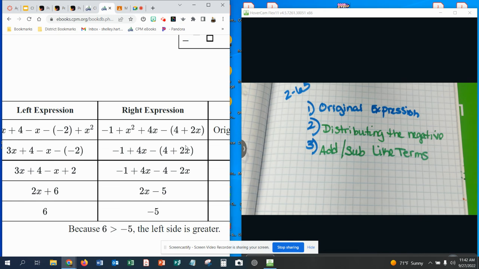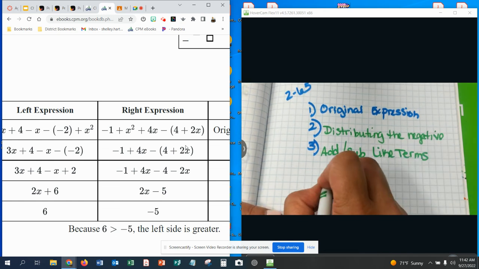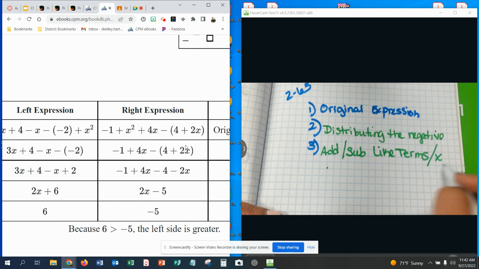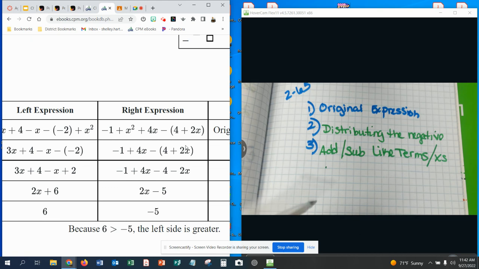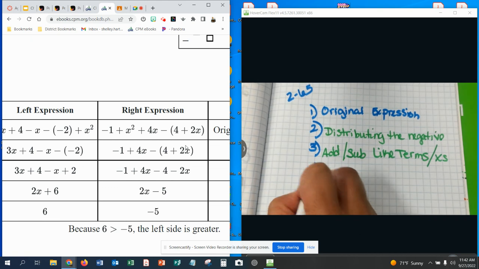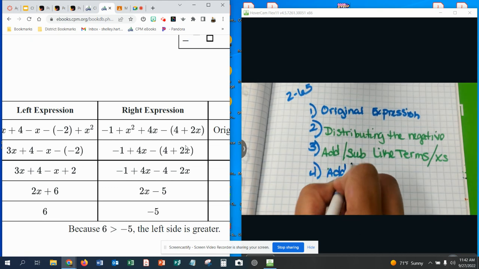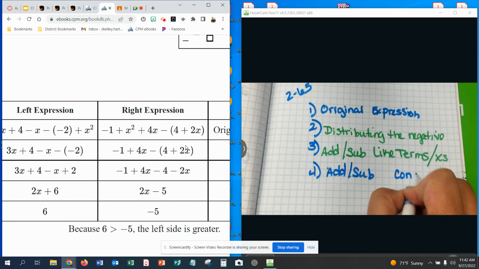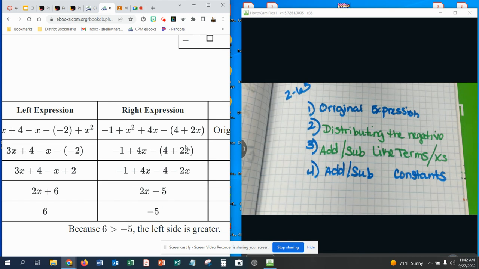Okay. This one is actually focused on the like terms, and we're looking at the x's right now, the variables. Number 4 would be adding or subtracting like terms, but the constants, the numbers. Okay.